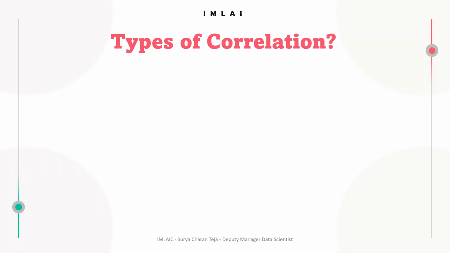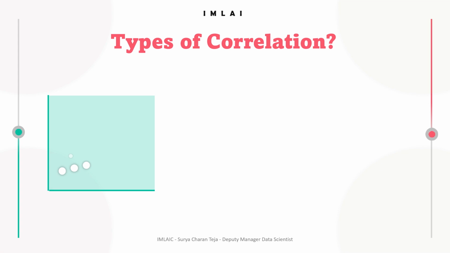Now it's time to explore the types of correlation. There are three types of correlations. The first one you can see on the screen. A positive correlation means that the linear relationship is positive and the two variables increase or decrease in the same direction.